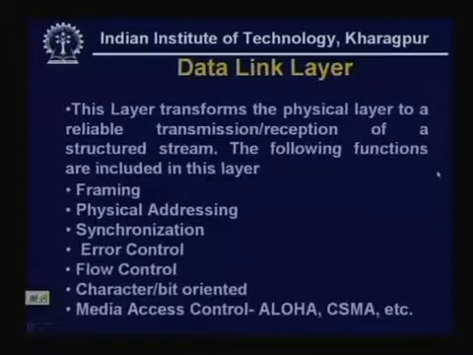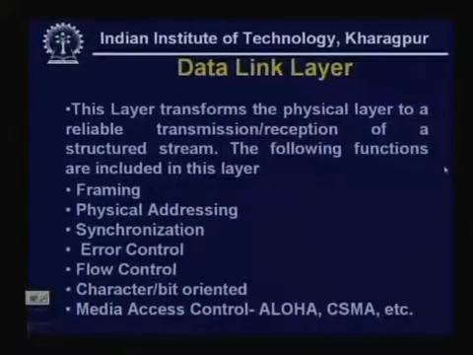Then you have the next layer, that is the data link layer. The functions of the data link layer: this layer transforms the physical layer into a reliable transmission and reception of a structured stream.